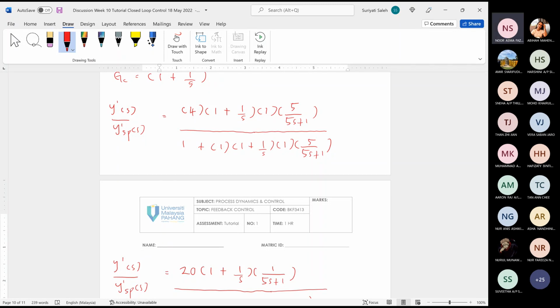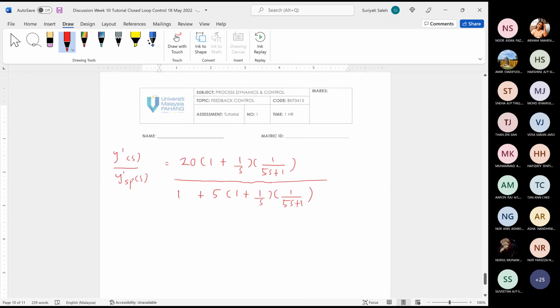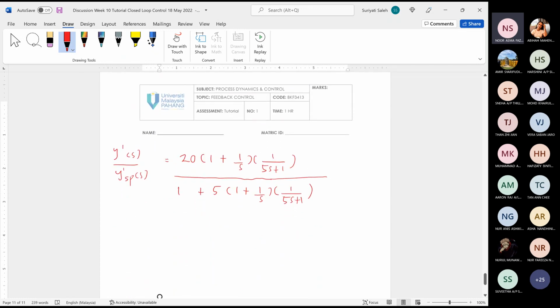You do not need to rearrange the numerator or denominator. Just leave it as it is. That is my recommendation. You can get quite lost if you try to simplify it, so we just leave the equation as it is.